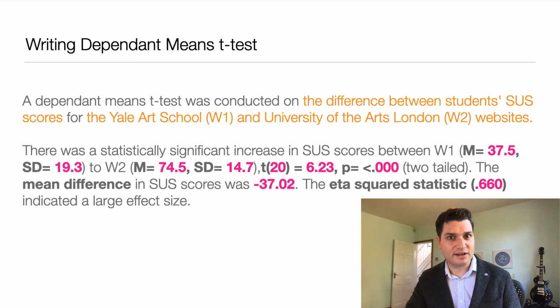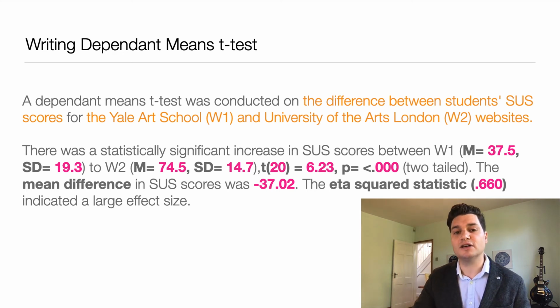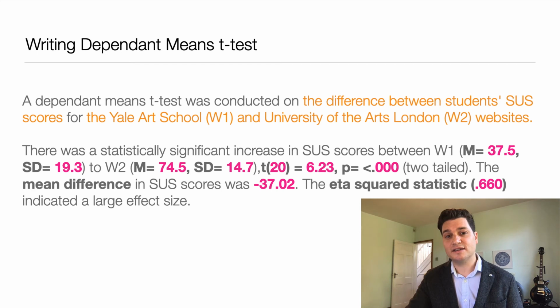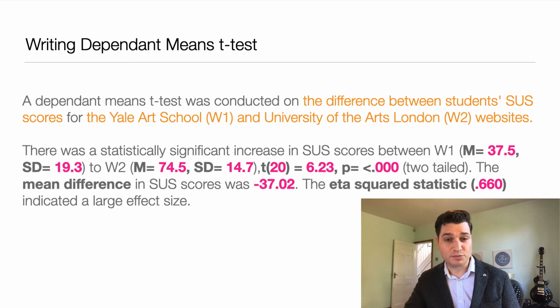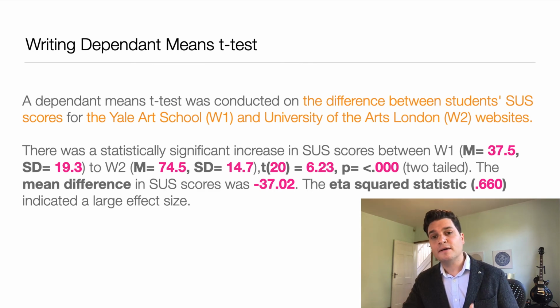So we are very confident that our result is true. The mean difference in SUS scores was 37.2, and then the eta squared statistic was 6.660, indicating a large effect size. So effect sizes are very important. By the way, eta squared is just the measure for effect size that we use.